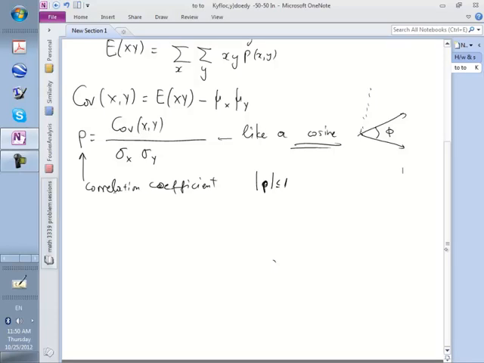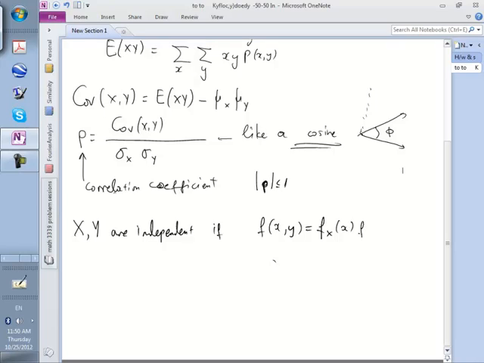Now, what is very important is to know the following. We mentioned independent random variables, where X and Y are independent if the joint density or the joint PMF is the product of the marginals.